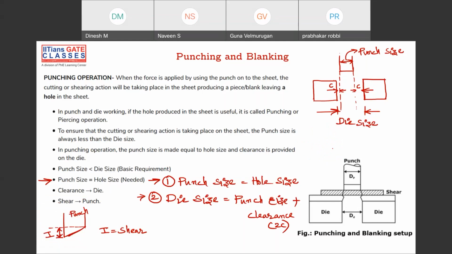Even in a knife also, have you ever seen a knife like this, handled like this? No, you'll be seeing a knife which is like this. Am I right? Right? So this is what is shear.